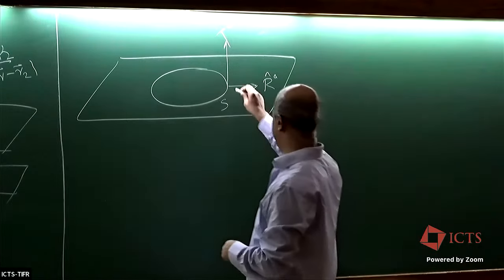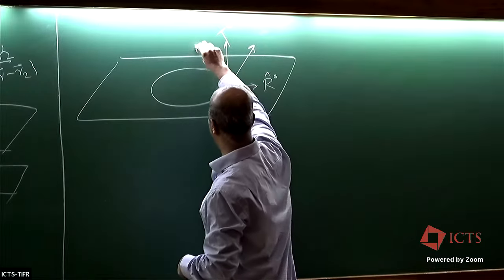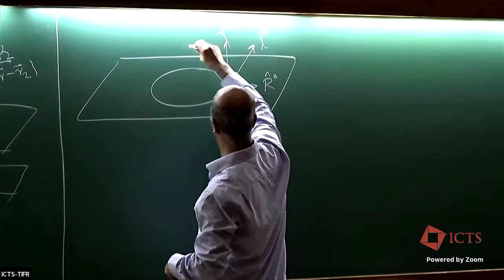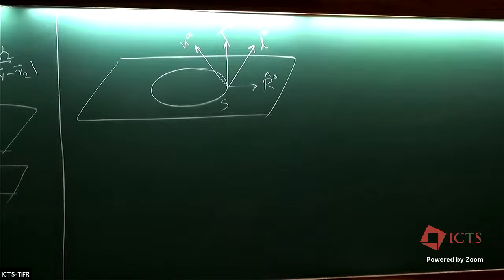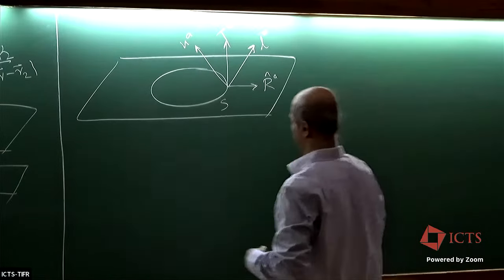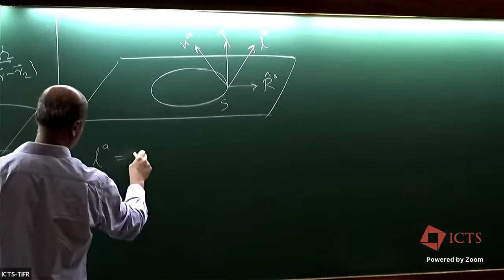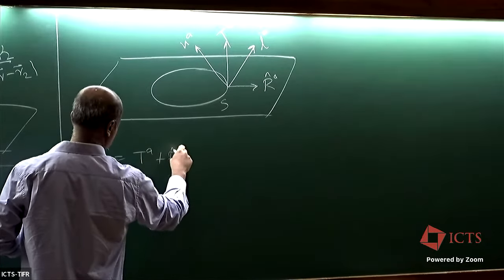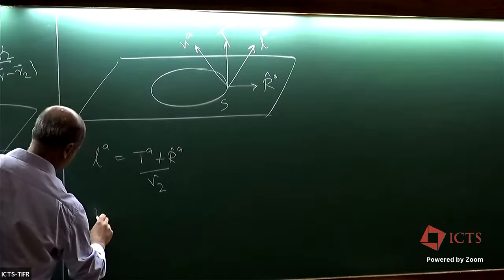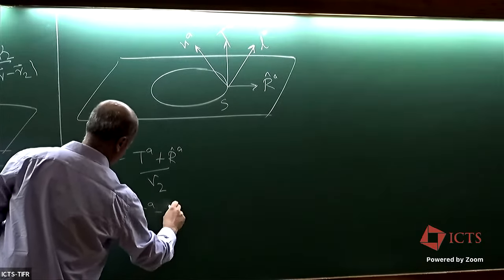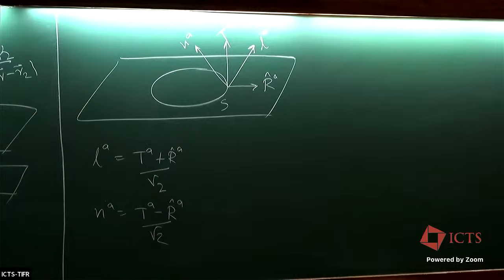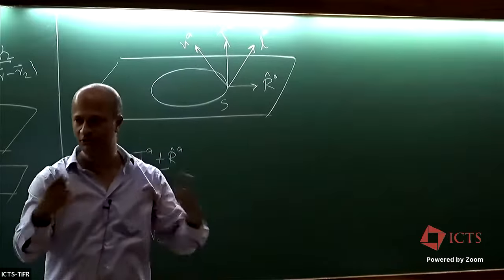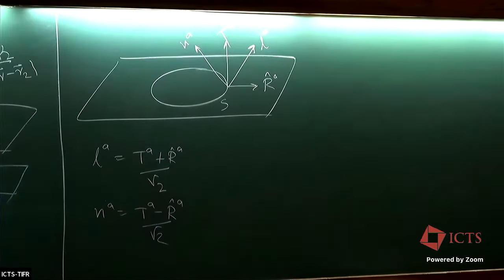Then the outgoing null normal is just T plus R, and the ingoing one is just T minus R. So this is L, and this is N. So again, given the sphere, I have the radial direction, I have the time-like direction, I can construct just from those what the L and the N are.